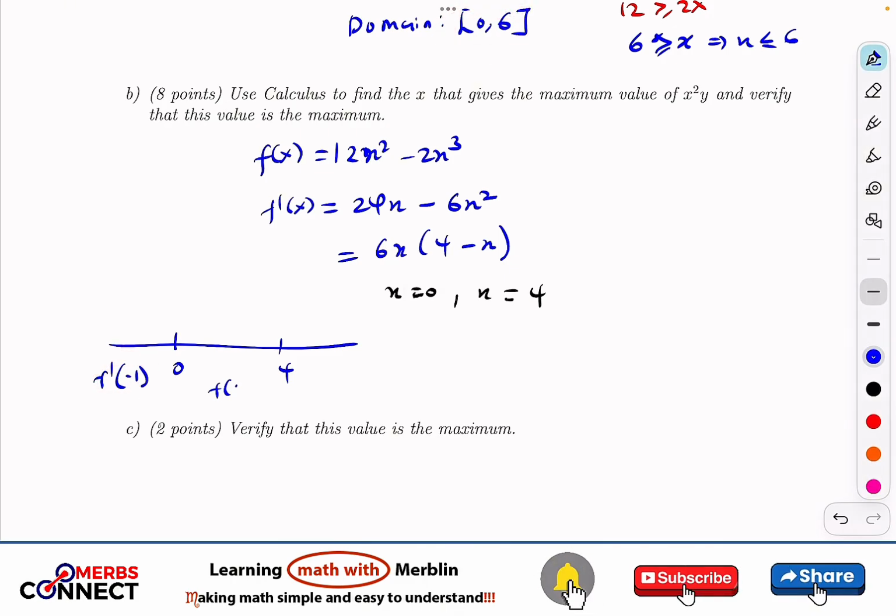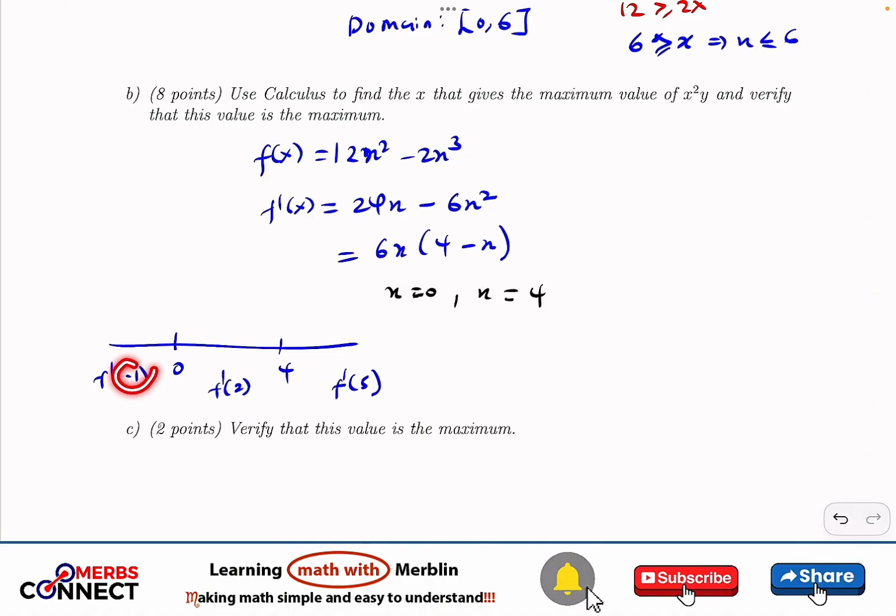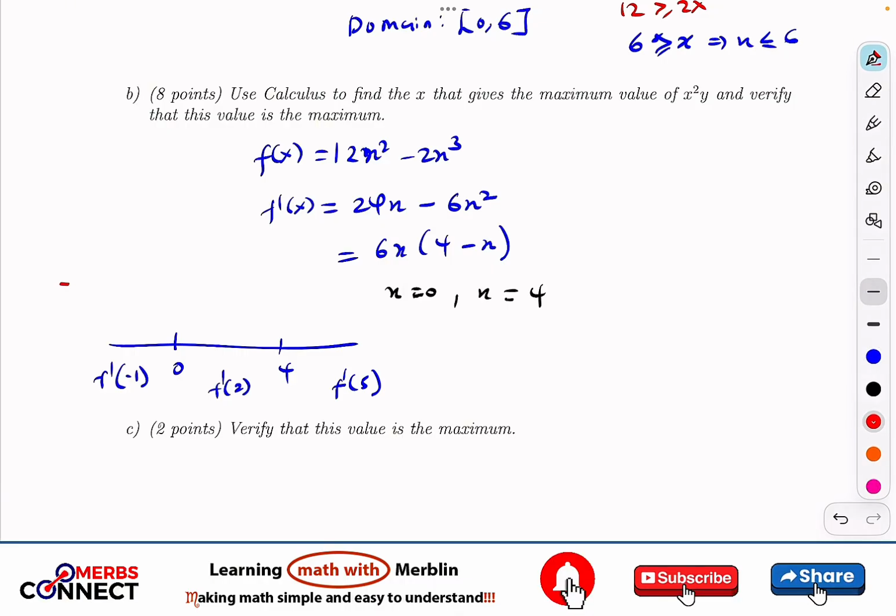Let me pick 2 here, and let me pick 5 here. Remember, we are using f prime. Plug in minus 1 inside this. Minus 1 here will be minus. This one will be minus. And minus 1 here will also be minus. So it's going to be times minus, so this is going to be positive, and this one will be increasing.